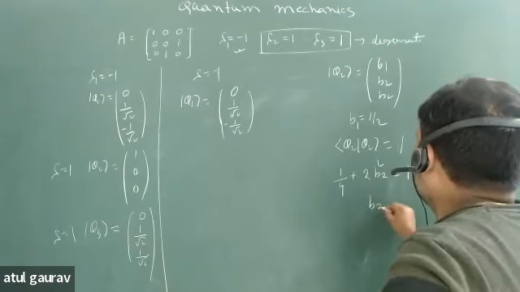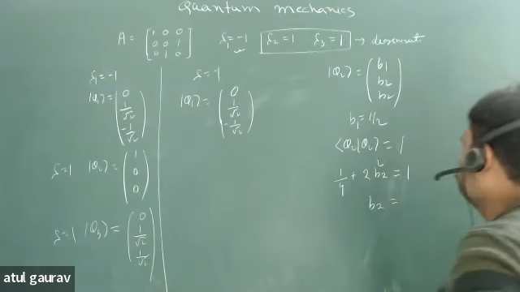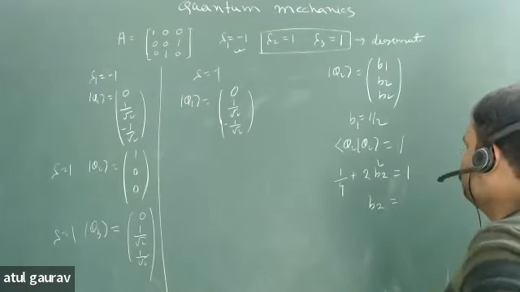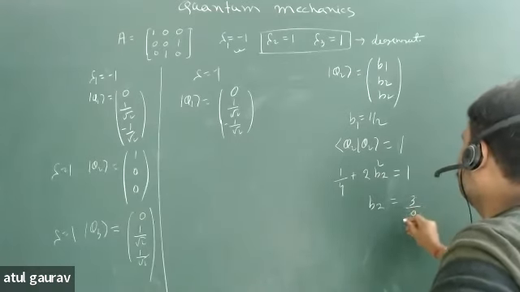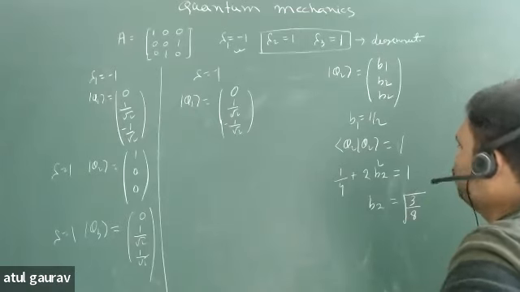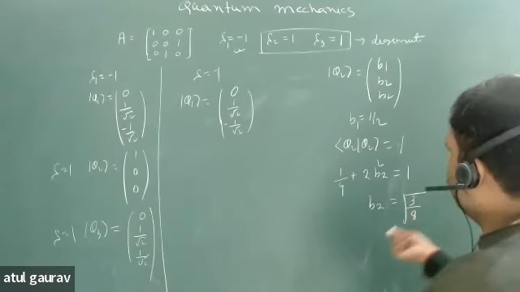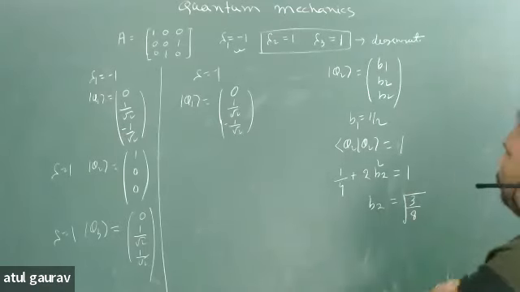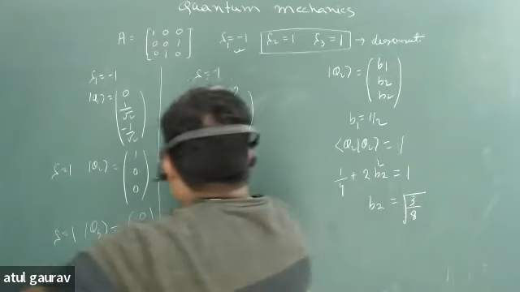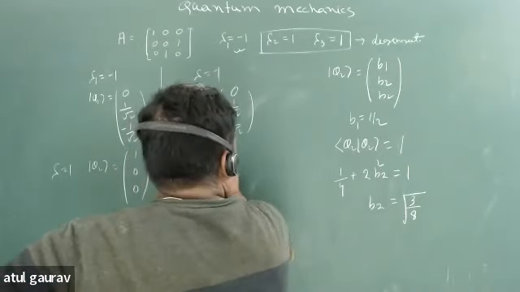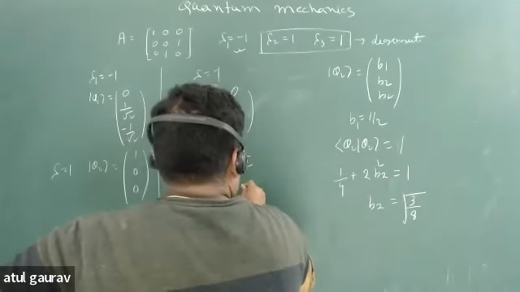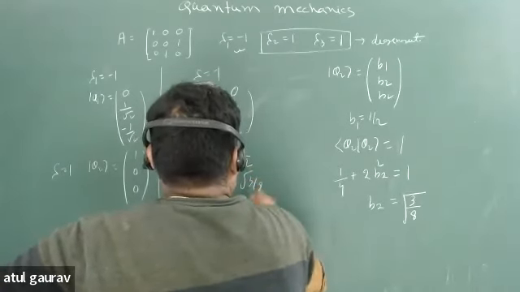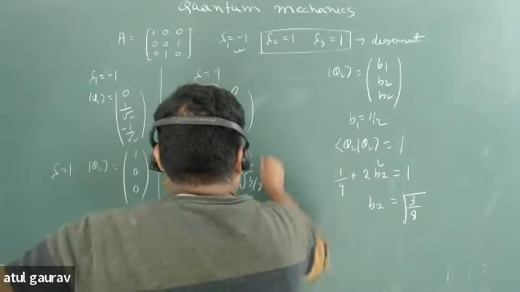So what is the value of B2? Root of 3 upon 8. You can take plus or minus, there is not any problem. I am taking the plus value. So I can choose my phi 2 as 1 by 2, root 3 by 8, root 3 by 8.